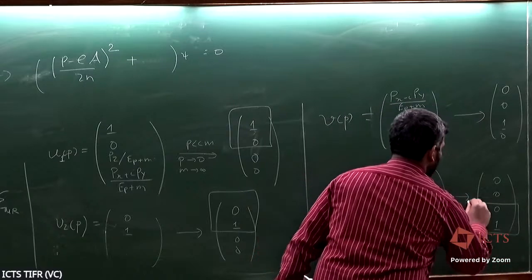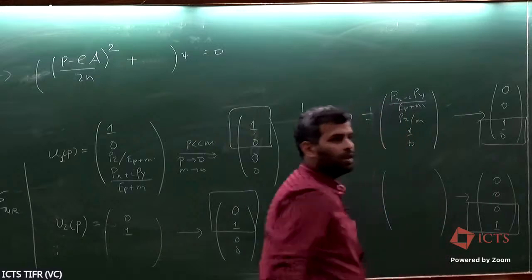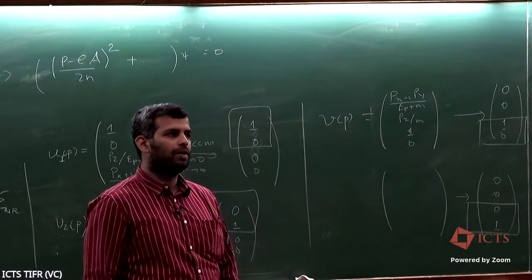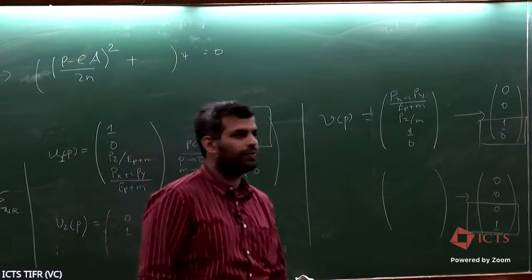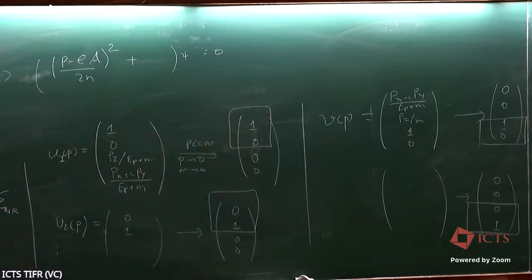Again, these two lower blocks are describing my antiparticle with spin projections plus 1/2 and minus 1/2. And this is the reason why I am breaking up my 4 cross 1 component Dirac spinor in terms of psi and chi, where psi is a two-component spinor that describes my particle with projections 1/2 and minus 1/2, and chi describes my antiparticle with projections 1/2 and minus 1/2.